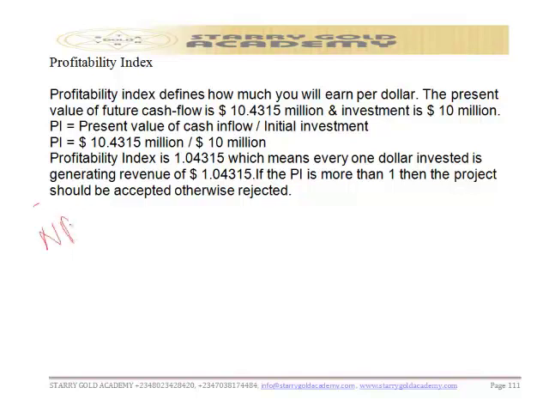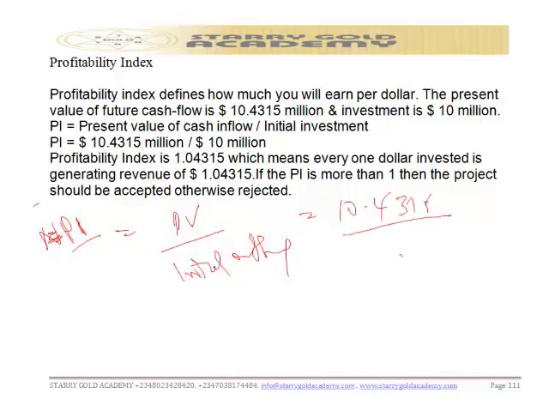So our PI is equal to present value over initial outlay, 10.4315 over 10, which is equal to 1.04315.